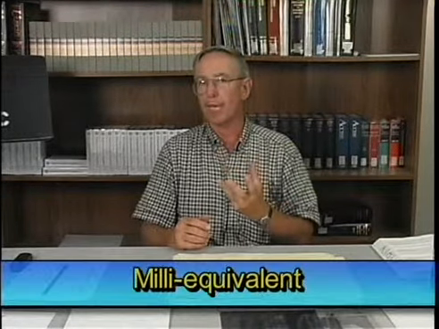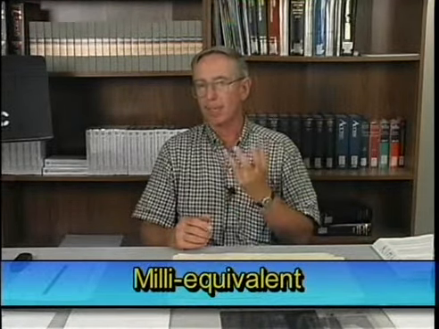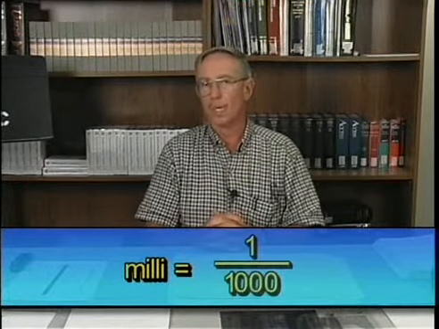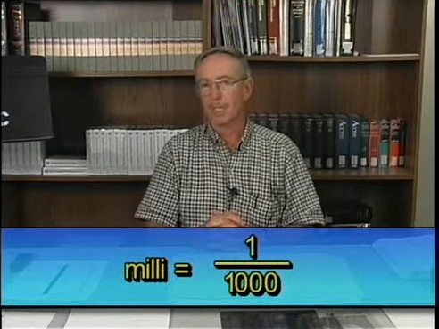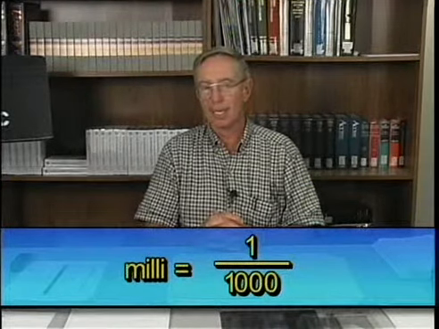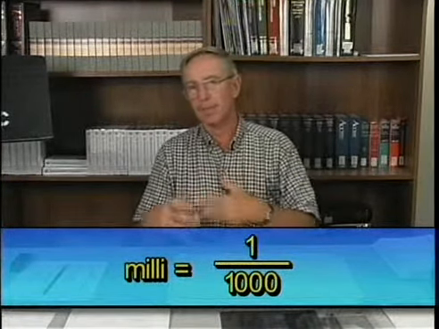Now, when expressing cation exchange capacity of the soil, we don't use equivalent weights, we use milli equivalents. The prefix milli, M-I-L-L-I, in the metric system means 1/1000th. So a milli equivalent weight is 1/1000th of the equivalent weight.